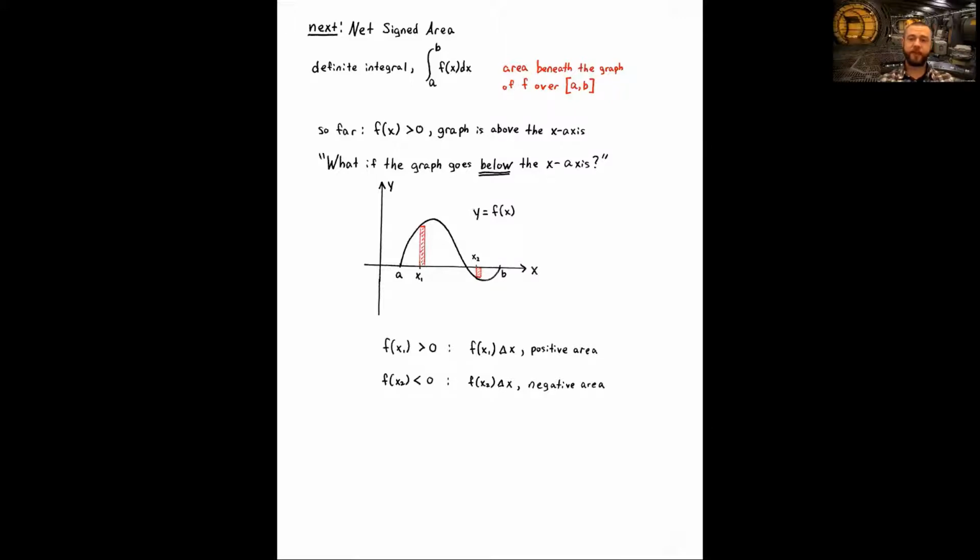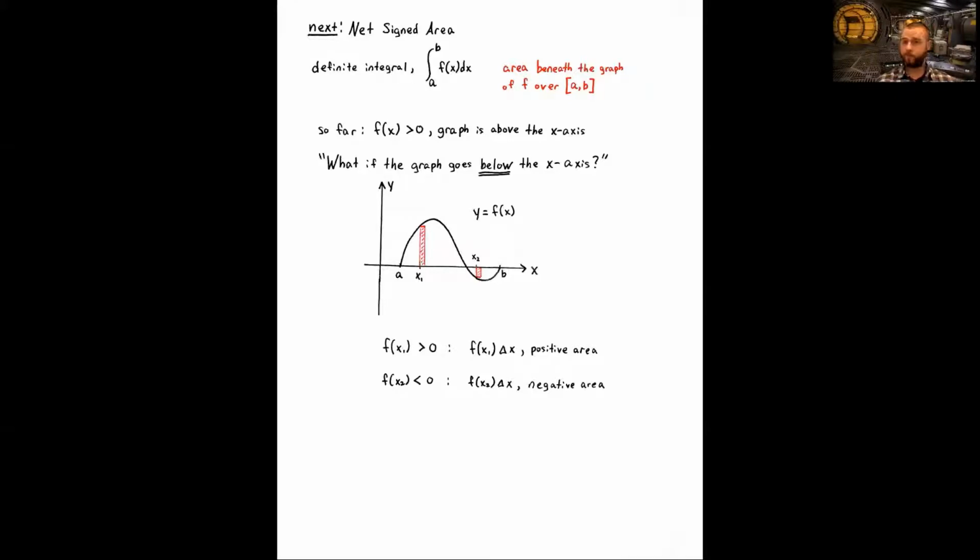All right, now what happens if you take a look at your rectangular approximations on that part that dips below the x-axis? Well, if we pick an endpoint, x sub 2, and we draw the rectangle from the x-axis to the graph, now since the graph is below, we have a function value at x sub 2 that is negative. That means your height of the rectangle, since it's oriented going downwards, is going to be negative since the function value is negative.